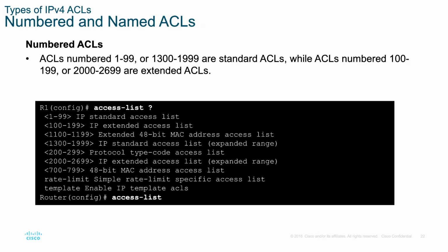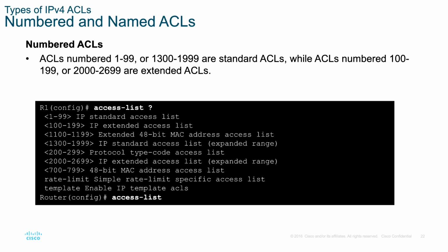So if you just do access list and a question mark in the command, you'll get a range of numbers, and they'll tell you whether it's a standard, extended, whether it's a MAC address. There's a whole range of them. And these have been slightly changed and modified, and as you can see there, it's not the entire list.